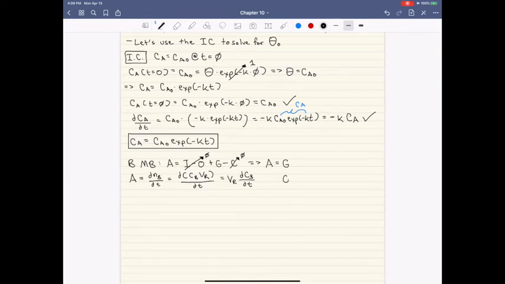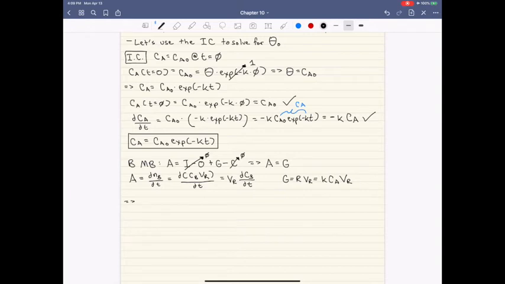For the generation term, it's equal to the reaction rate law for this reaction times the volume of the reactor. And the reaction rate law is the same as it was for species A. So it's K times Ca, and that gives us K times Ca times Vr for our generation term.